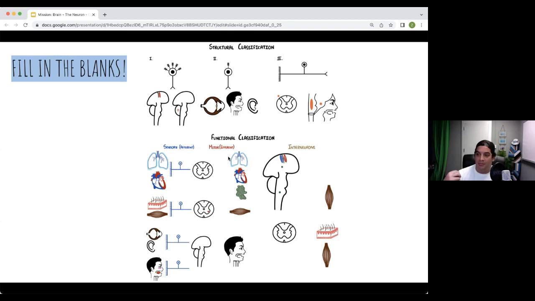A motor neuron goes to your smooth muscle, your cardiac muscle, your glands, your skeletal muscles, and causes them to perform the particular function they're responsible for. But it's going out of the CNS towards that target organ. That's called an efferent or motor neuron. And the last one is in between the sensory and the motor neuron. It's kind of a little tweener. So we call that an interneuron.